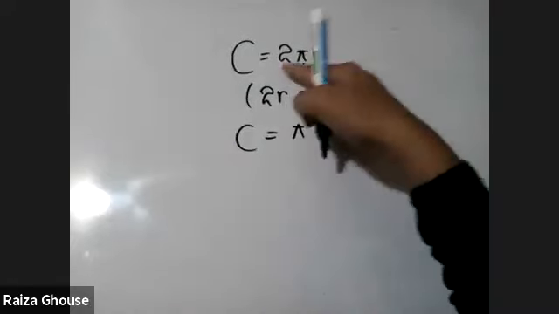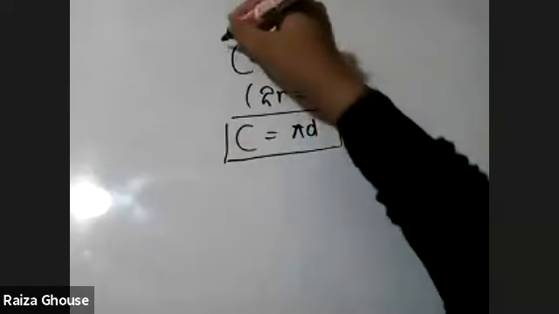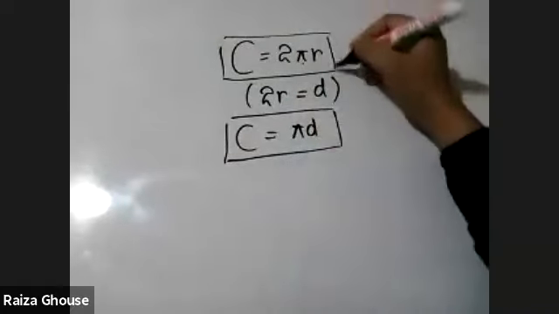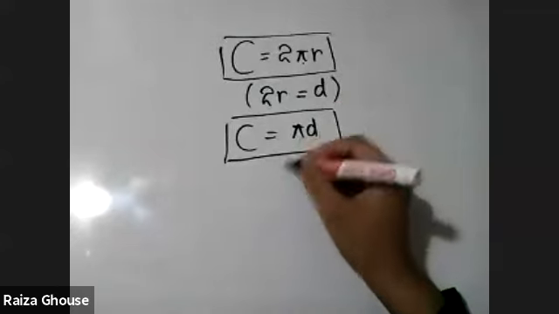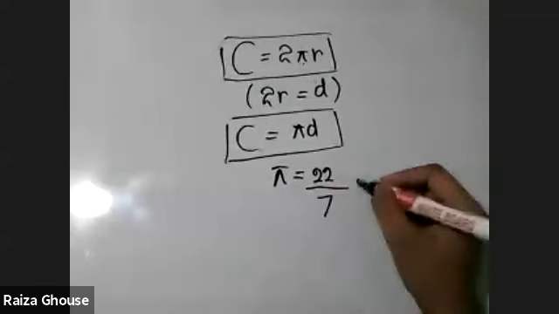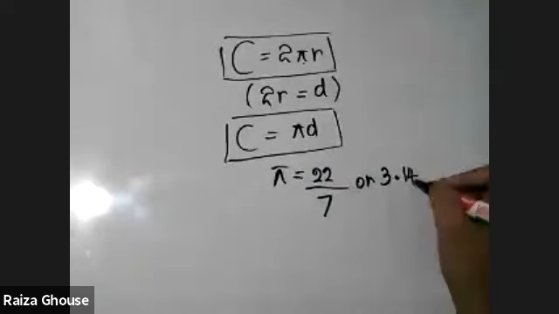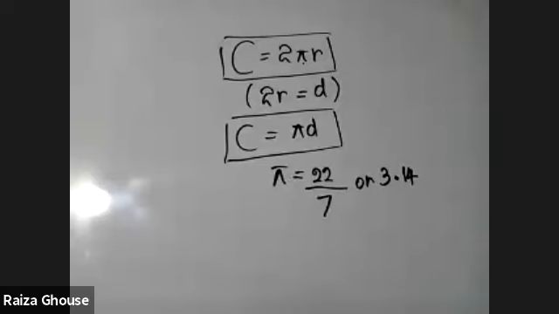Pi instead of 2r, we can write d. Remember this equation, circumference equals 2 pi r, circumference equals pi d. Pi means a constant value, which you can use as a fraction or else as a decimal. So basically we use this fraction. In some questions, sometimes they tell us to use the decimal also.